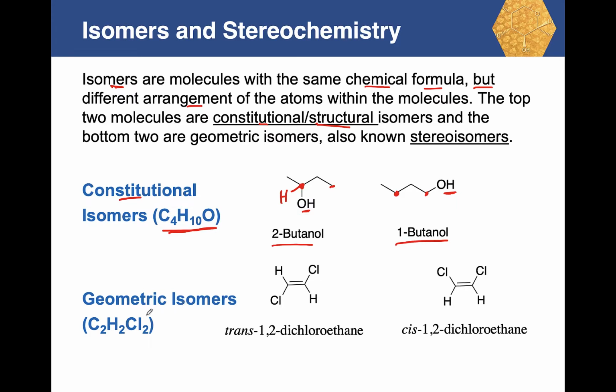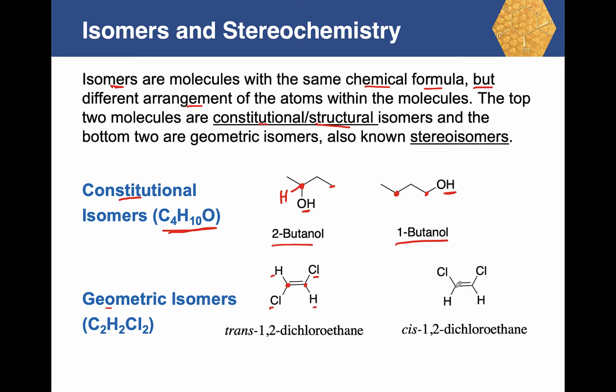Another type of isomer is the geometric isomer. So let's look at this molecule, C2H2Cl2. One isomer is this one. Notice this carbon here is bonded to a hydrogen and a chlorine. This carbon here is also bonded to a chlorine and a hydrogen.